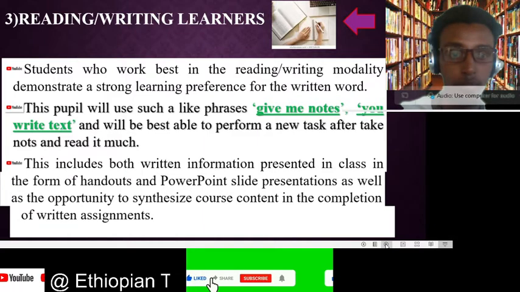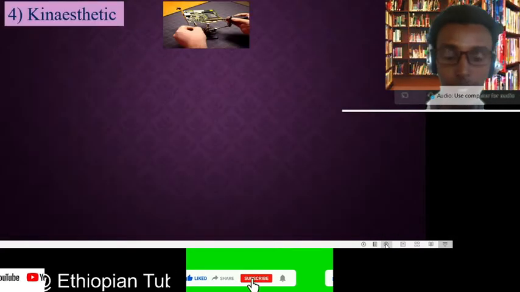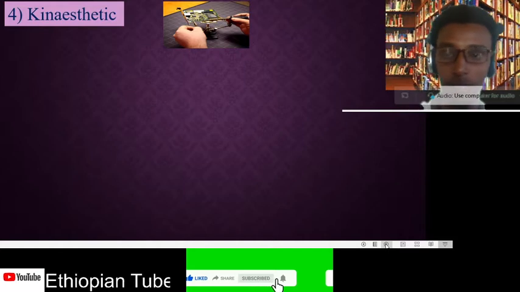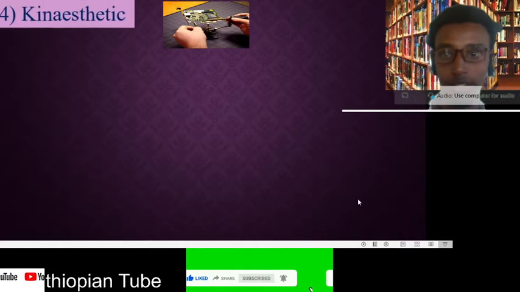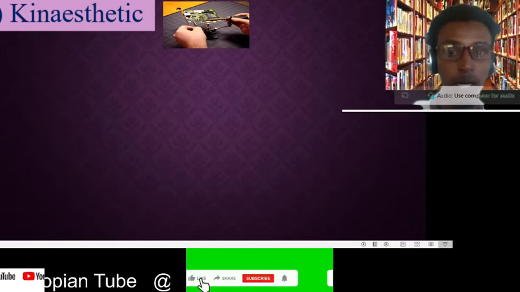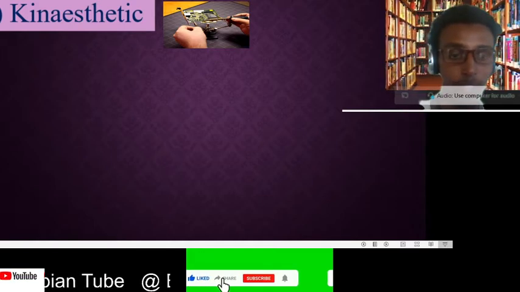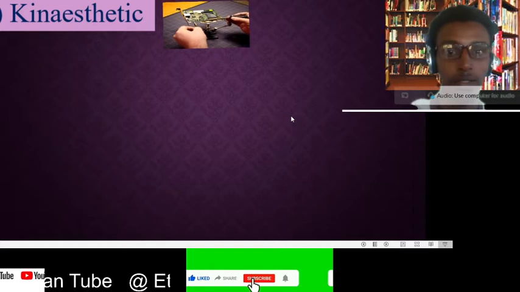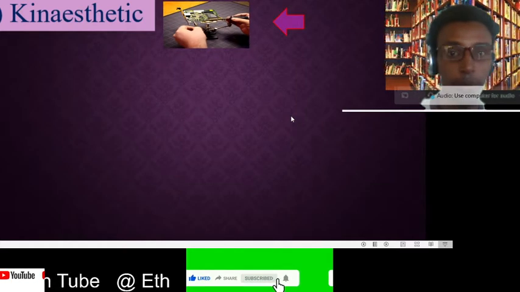So the fourth and last learning style of students is called kinesthetic learners. Kinesthetic learners are learners who best understand the content by engaging themselves, learning by doing.